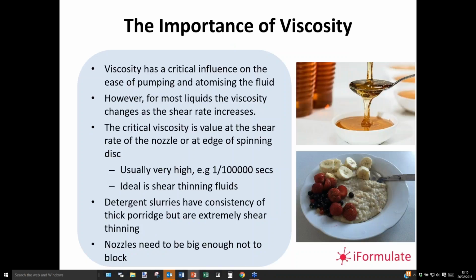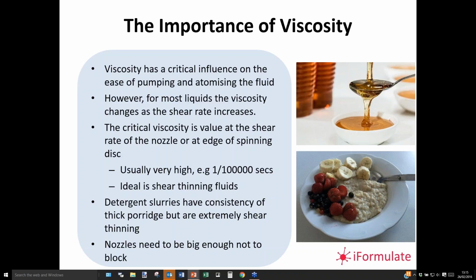As you would expect, the viscosity of the liquid has an important impact on how easily it can be atomized. And here is the first area where the formulation is a key factor, something you can control, hopefully. However, we need to be careful in how we look at viscosity, since this property can be highly dependent upon the shear rate.